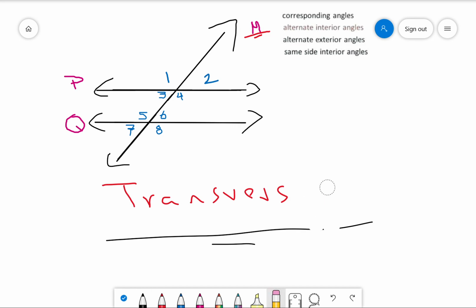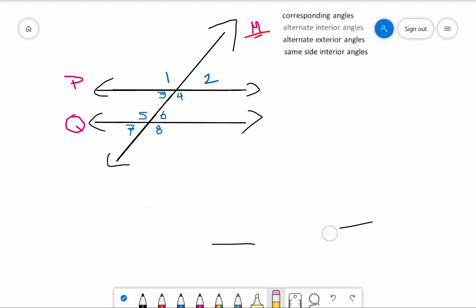Other than that, let's talk about corresponding angles, alternate interior angles, alternate exterior angles, and same side interior angles. So what are those? As you can see here, inside the parallel lines is called the interior.